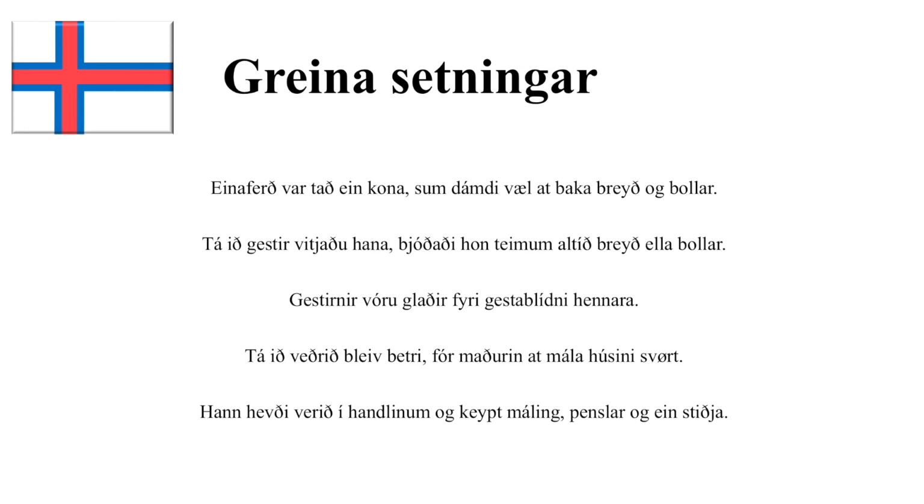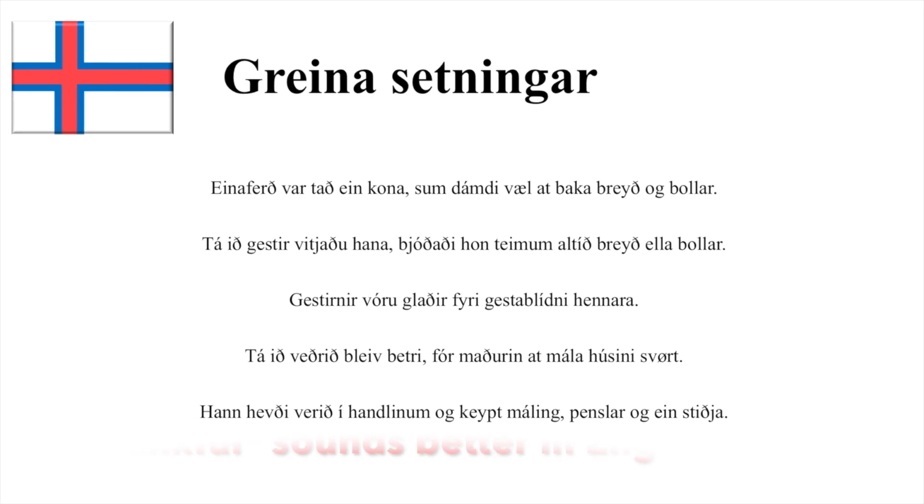Now those were only simple clauses, but here we have a few sentences. Eine forverden kona som dømte vel å baka brei og bollar. Once upon a time there was a woman who liked to bake bread and buns. Ta gestur vitja og henne, bjóði hon teimum alltid brei og bollar. When guests visited her, she always offered them bread or buns. Gestirnir voru glaðir fyrir gestablutni hennara.